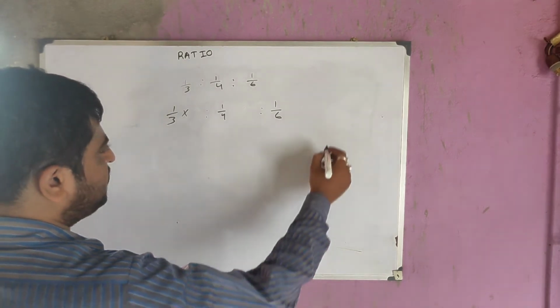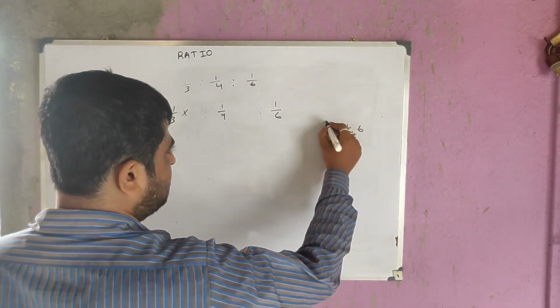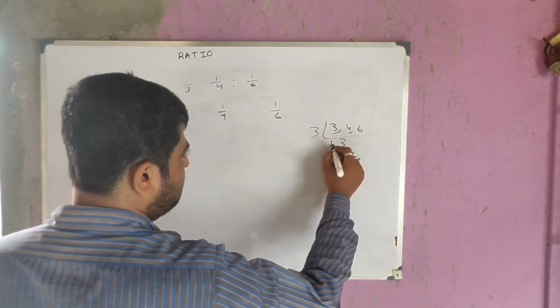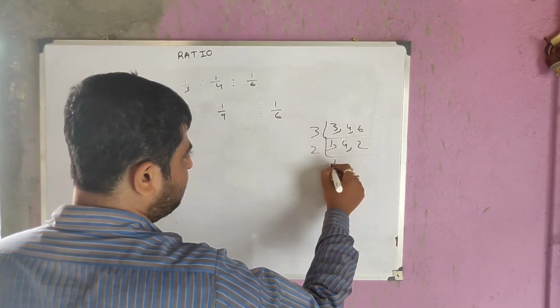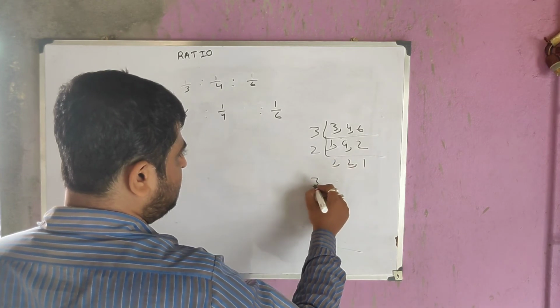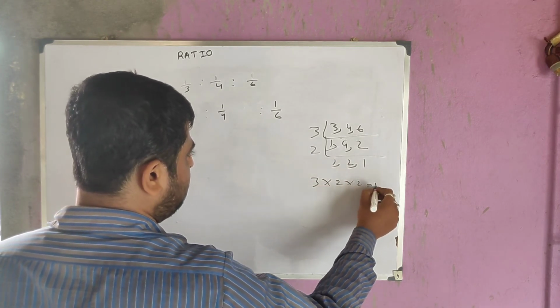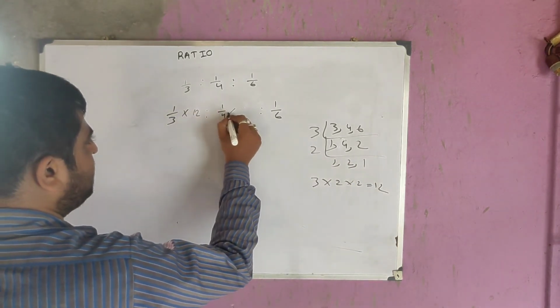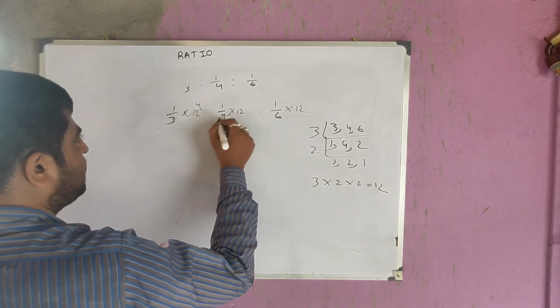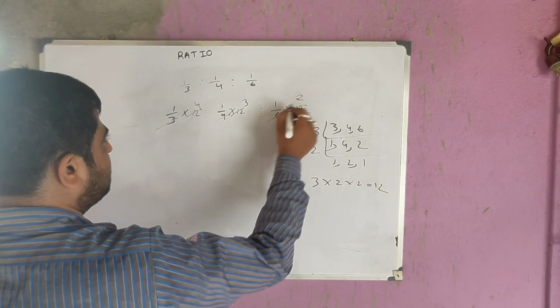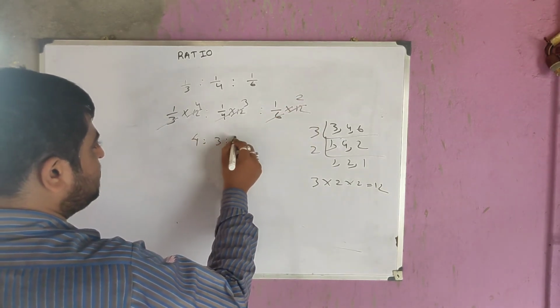What will be the LCM of 3, 4 and 6? It will be 3 into 2 into 2, so 12. So multiply with 12. 3 4s are 12, 4 3s are 12, 6 2s are 12. So 4 is to 3 is to 2.